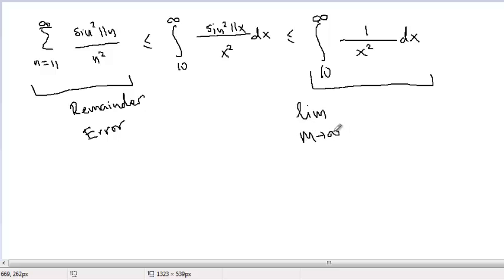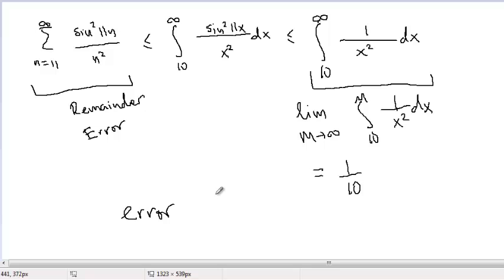This is the limit as n goes to infinity, integral from 10 to n, 1 over x squared dx. And once you take the integral and compute the limit, you will see this improper integral is exactly 1 over 10. So the error we had at the beginning is smaller than the value of this improper integral, which is 1 over 10. Right?